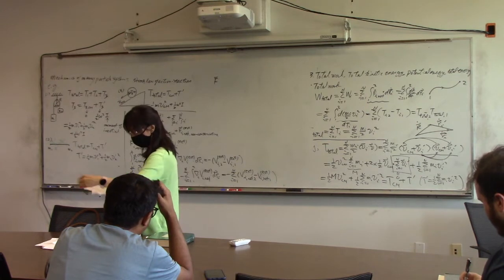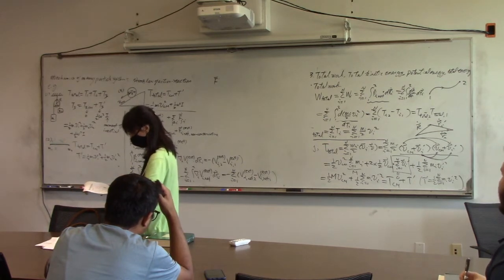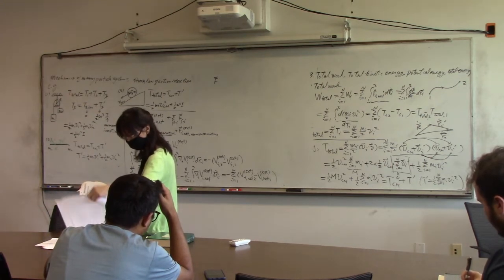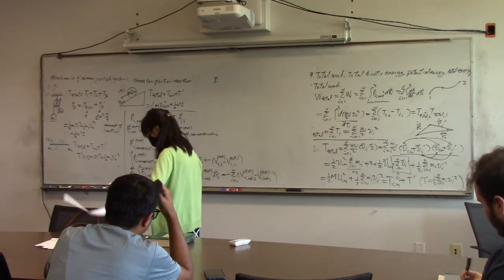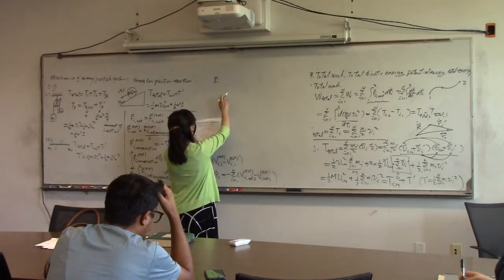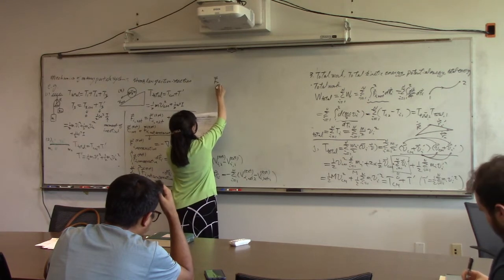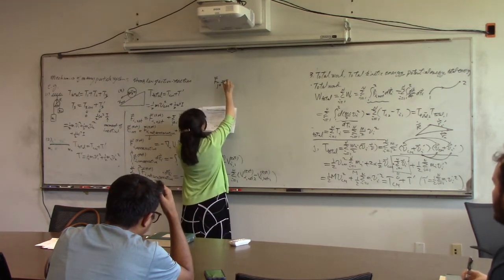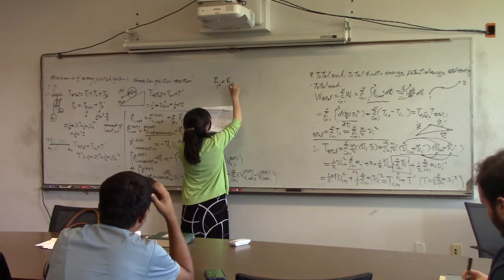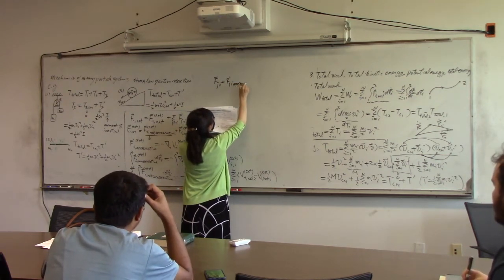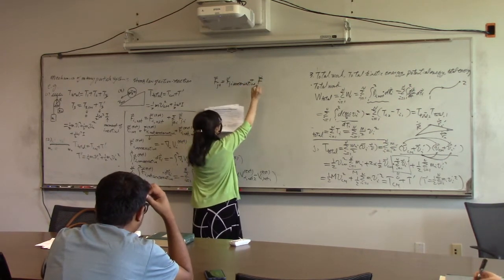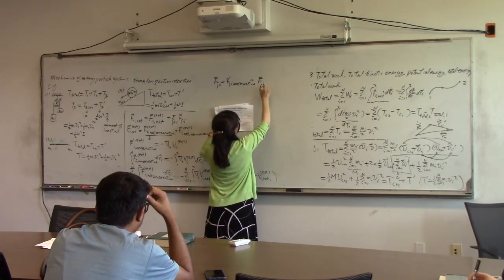The total equation: F_Gi is equal to F_Gi conservative plus, usually we know the internal forces are all conservative, right?